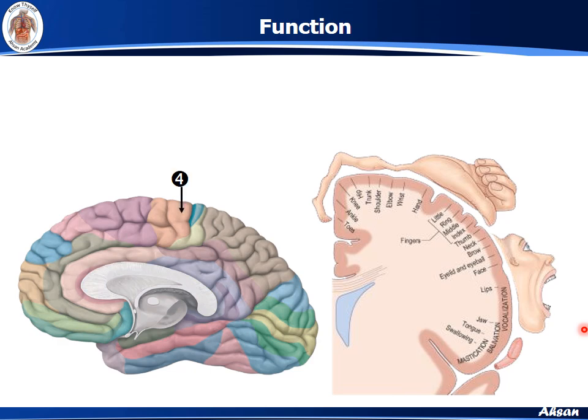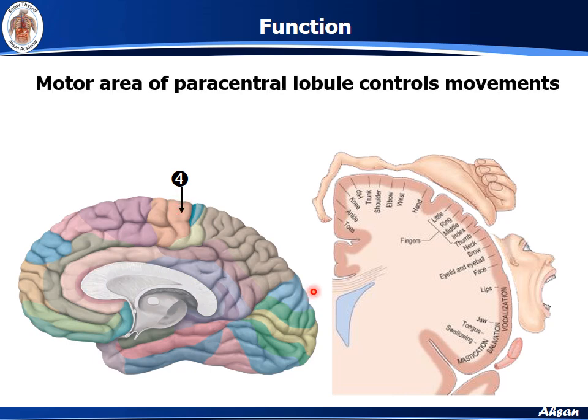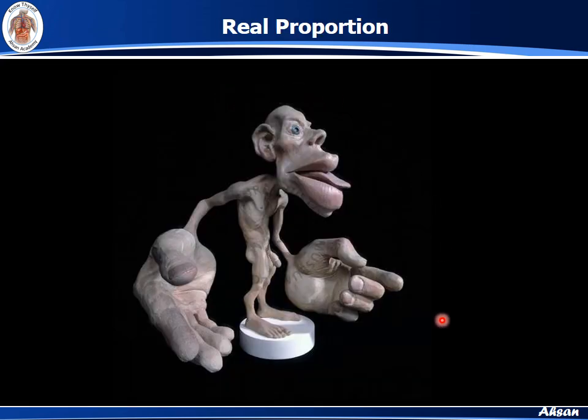This is the paracentral lobule, and its motor area extends up to this area, and this is specially assigned for the motor activity of the sphincter of the anal canal and vesica, meaning bladder. This is the figure you can see.